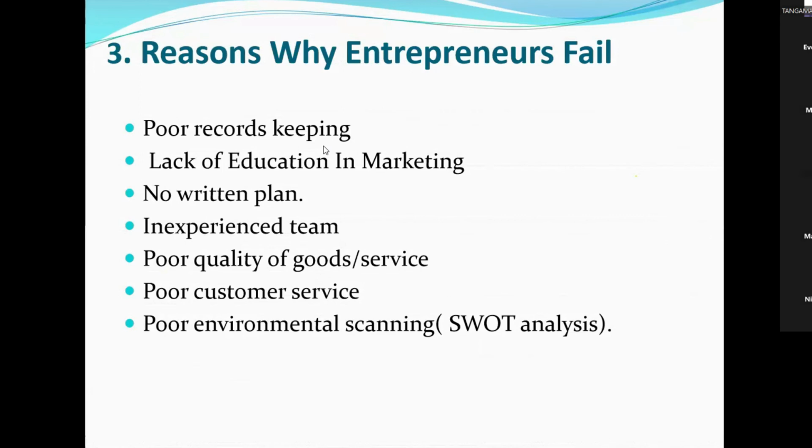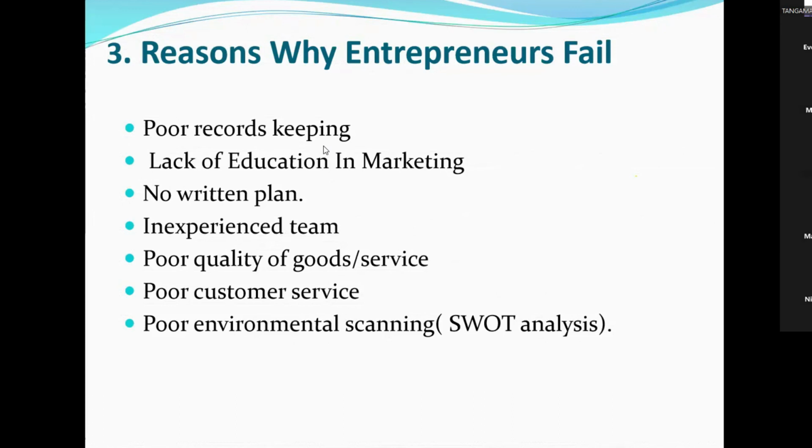There's a poor quality of goods and services, poor customer service, and poor environment scanning. This is SWOT analysis, as we saw before, used in the internal and the external evaluation to see the strengths, weaknesses, opportunities, and threats of the business.